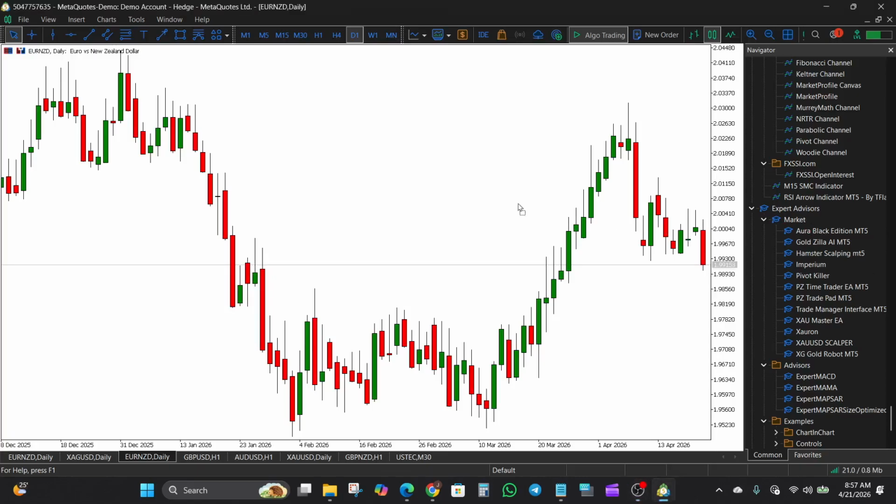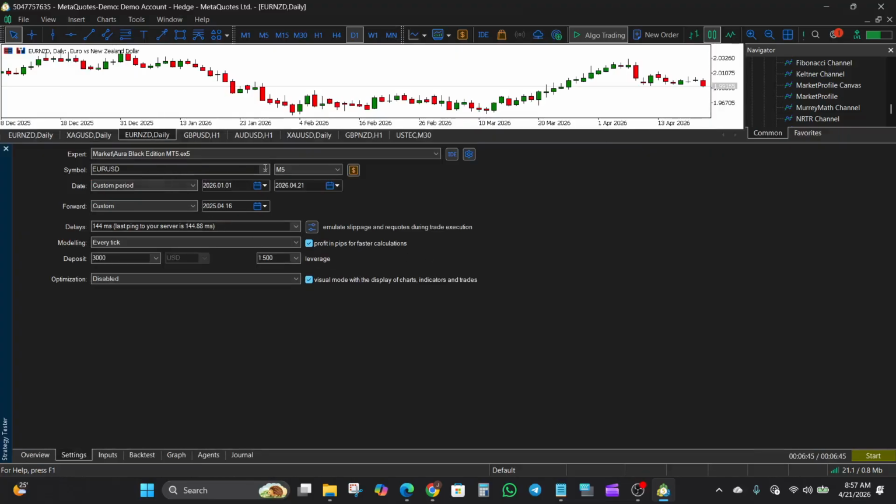The Aura Black Edition EA is recommended to be used on gold. So we are going to use gold for our symbol, and we're going to use the daily time frame because that is the recommended time frame for this EA.